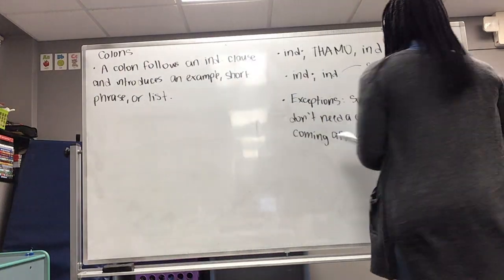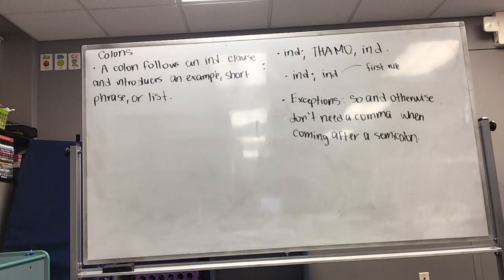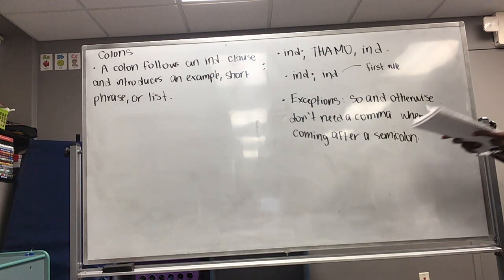So what a colon does, and it looks like those two dots, it follows an independent clause, and then it's going to introduce either an example, a short phrase, or a list.